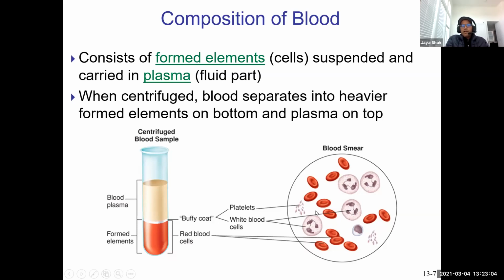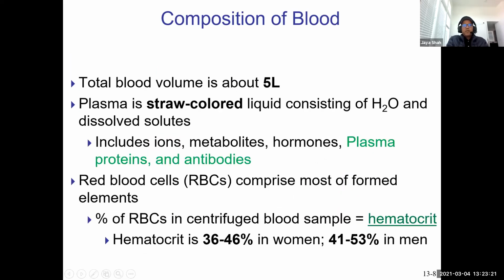They have no nuclei. We're going to go over them in detail. And then there are some white blood cells, see here? And some fragments of blood are the platelets. Total blood volume is about 5 liters, around 5.25 liters.